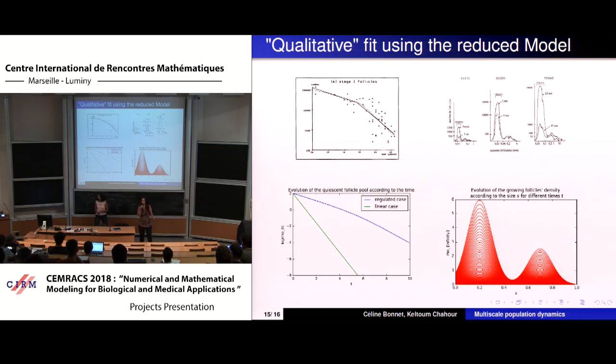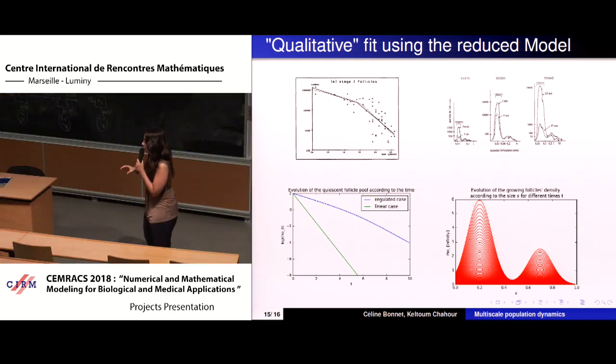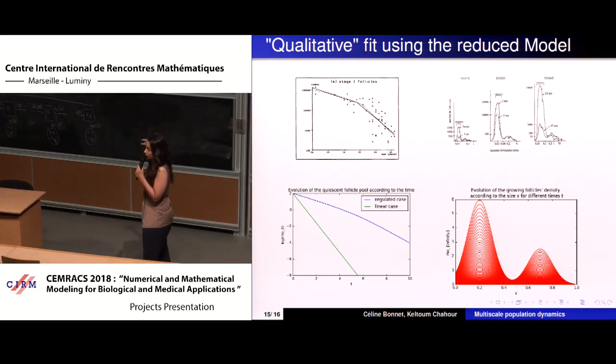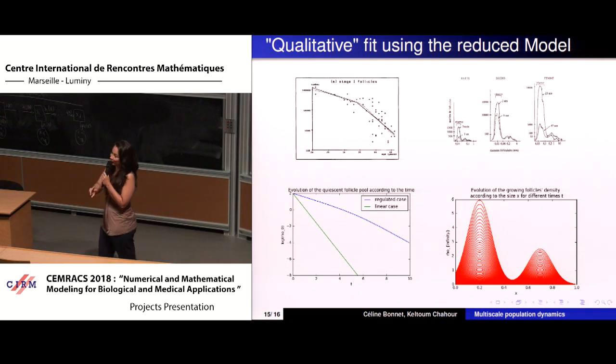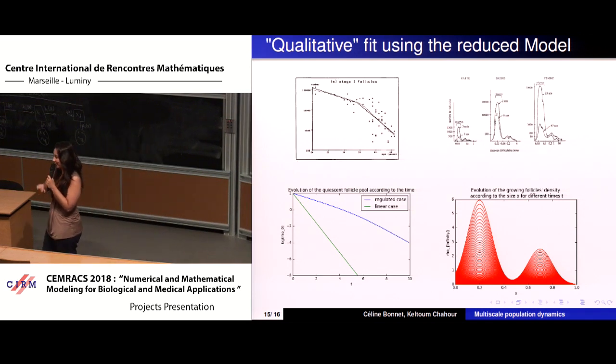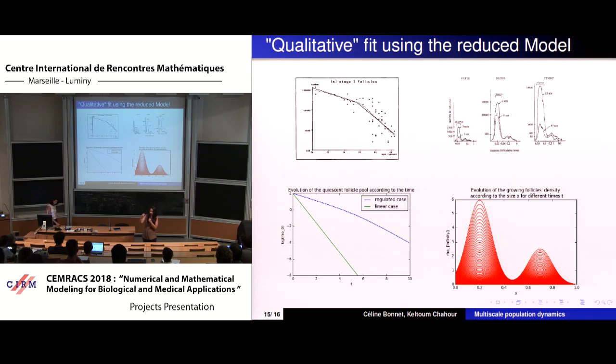In fact, we use the simple model with the linear case. In the linear case, we have an expression for the solution. So we are interested in having these two curves. So we find the good parameters to have this one. And then we see that if you add regulation, so non-linearity, we obtain the blue curve and not the green.